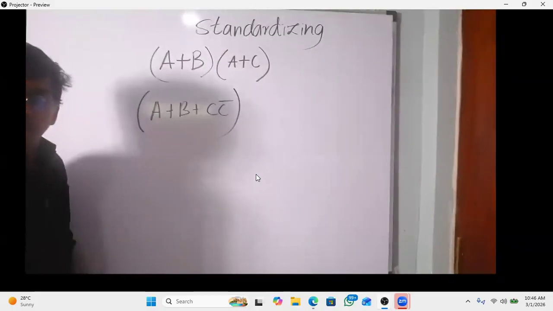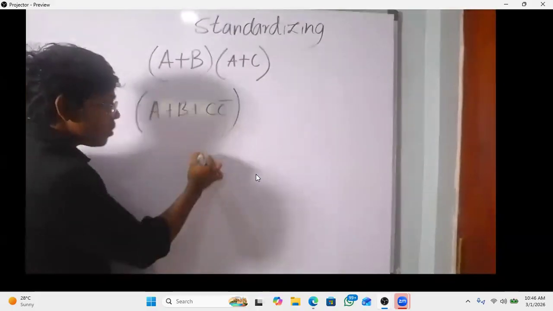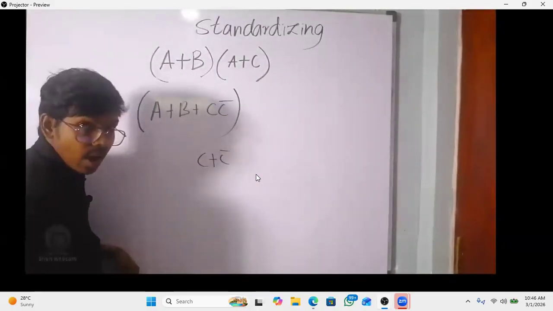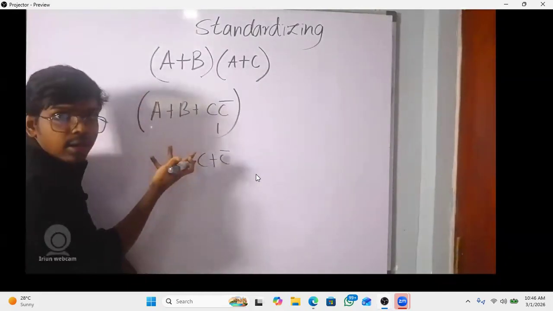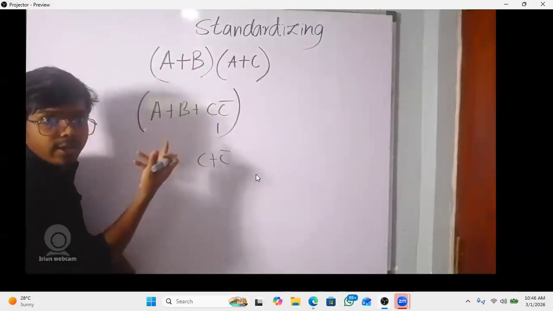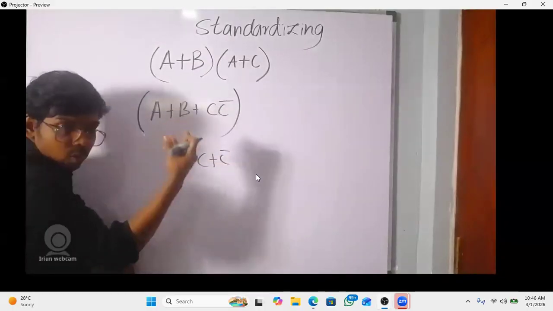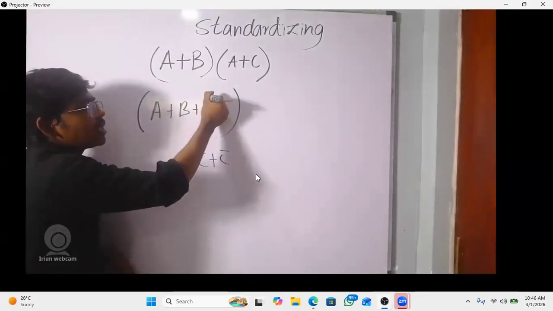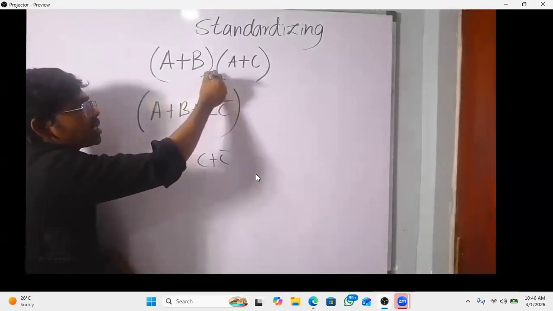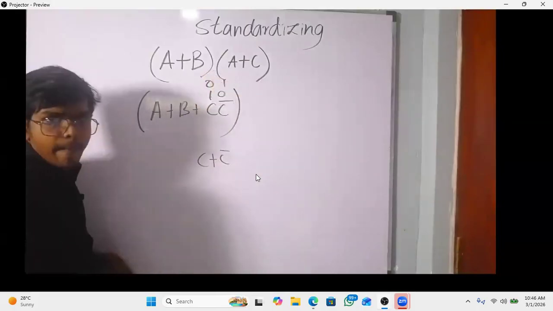Why? If you add C plus C bar, this becomes 1, and 1 plus any number becomes 1. You are affecting the value. So you should add a 0. If C is 1, C bar is 0. If C is 0, C bar is 1.